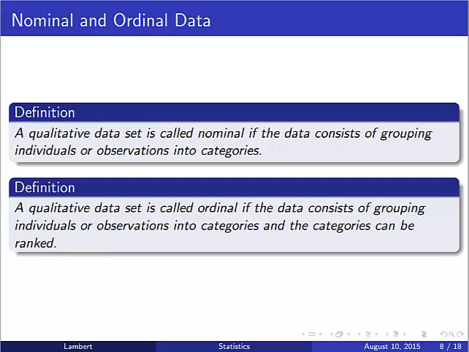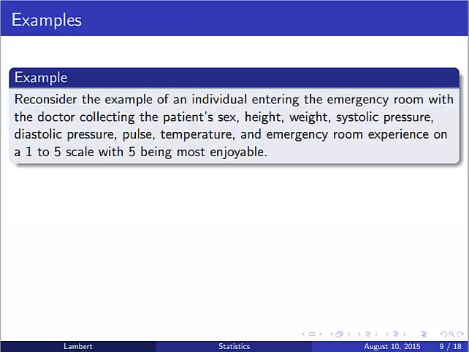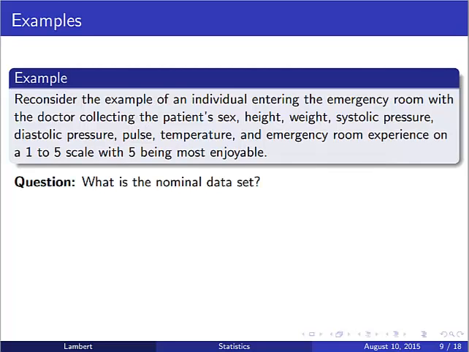So let's look back. First off, we have to talk about qualitative data. And our qualitative, the only possibilities are sex and then that Likert scale type thing at the bottom. So what is the nominal data set? We're just putting them into categories. There's no ranking system in this case. So the only one that's put into categories with no ranks involved is male or female.